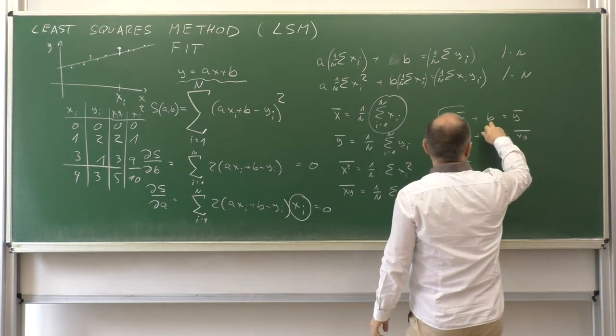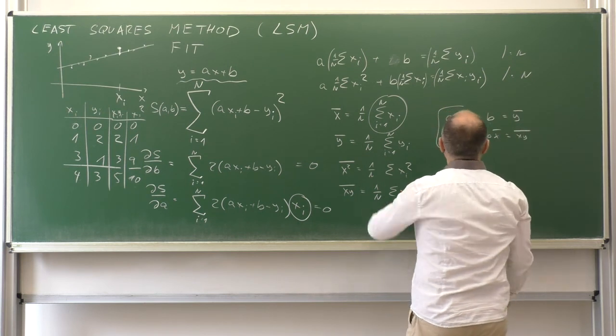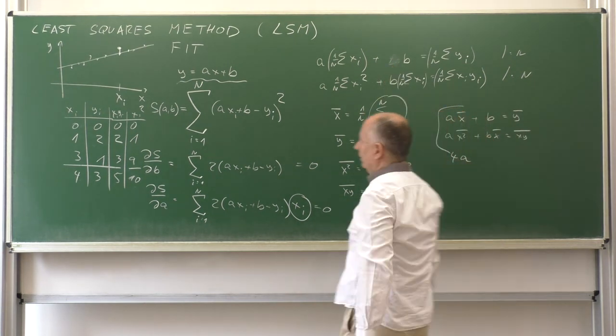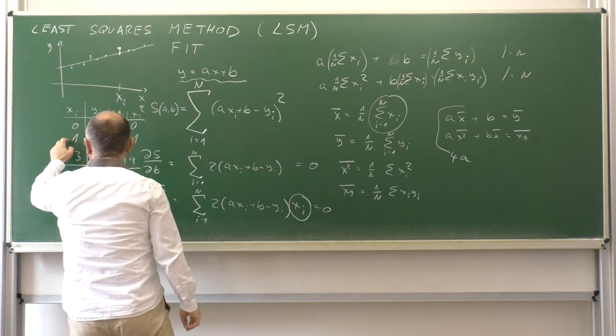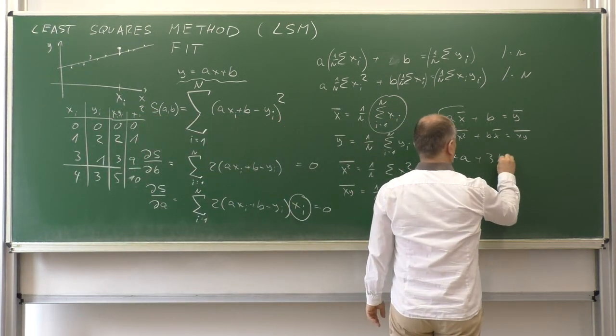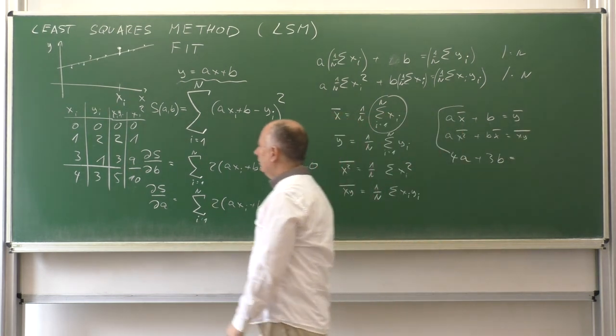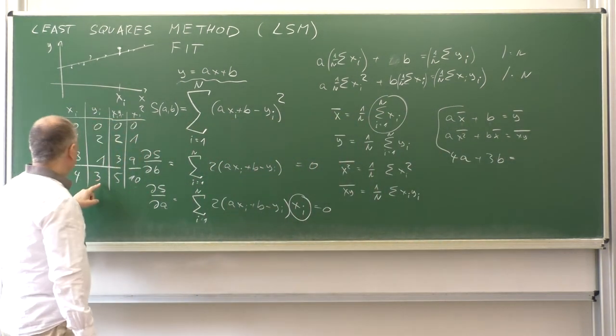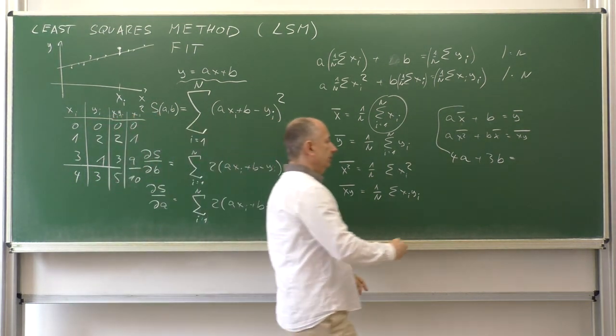Then when we go before division by n, we must have n, but we have 1, 2, 3 points, so n is 3. And instead of y bar, we use sum of y, which is 3.